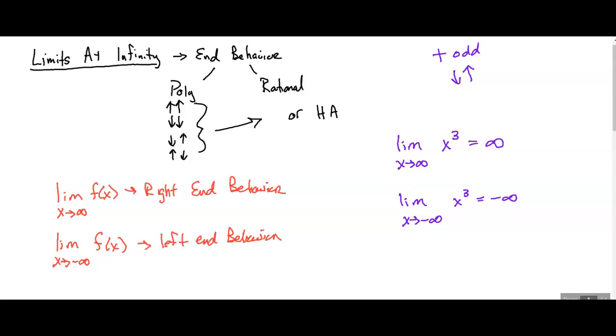Okay? Now, another function that you might have to look at is a rational function. And we've done those. All right, so let me just give you an example. Let's say that I have the limit as x goes to infinity of 5x squared over 3x squared. Well, this is a rational function, and we're being asked for the end behavior, right?